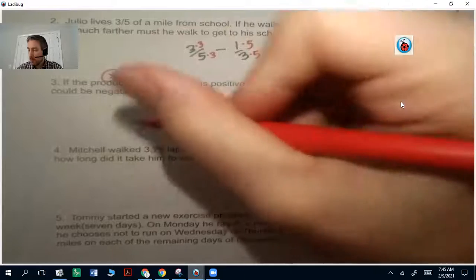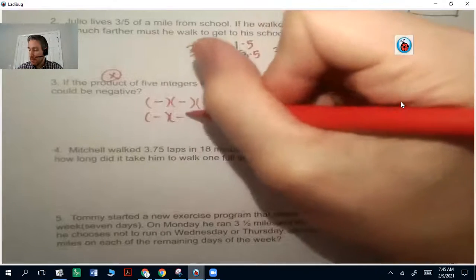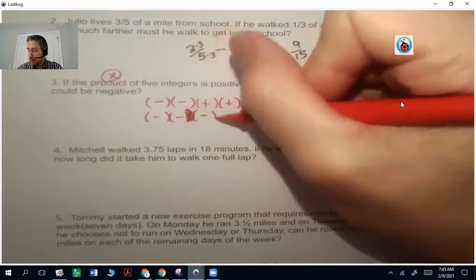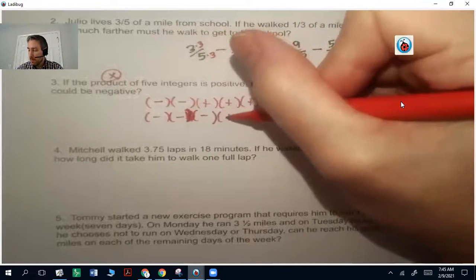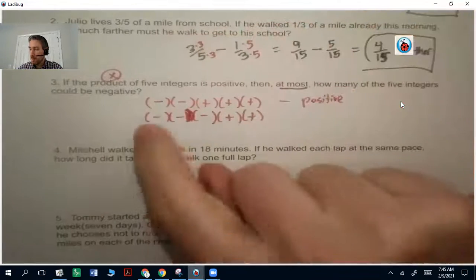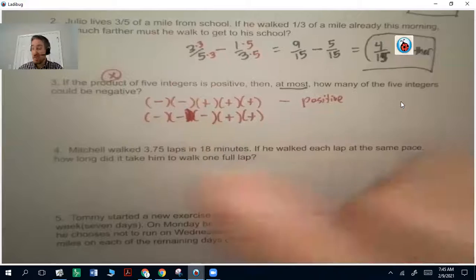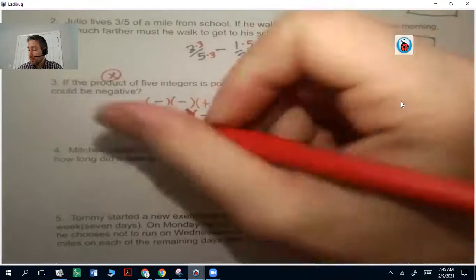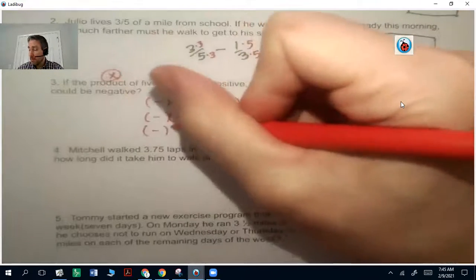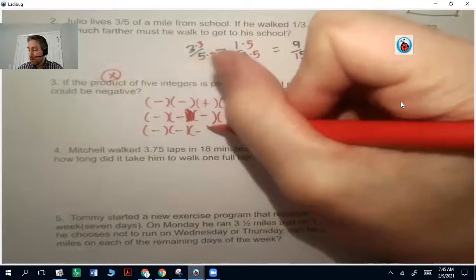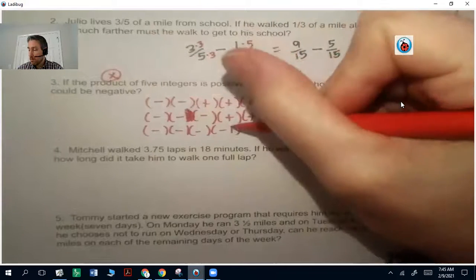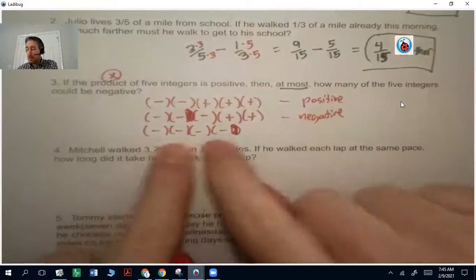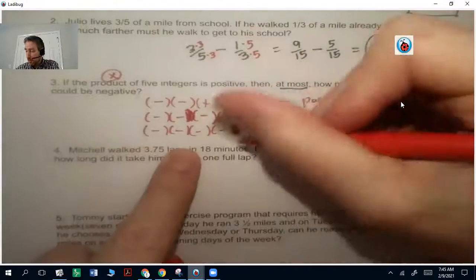All right, so you can get a negative times negative times negative. Well, 2 negatives is a positive times another negative, that's negative. If you do 4 negatives, that's positive because 2 negatives is positive, 2 negatives is positive, all that's positive together.